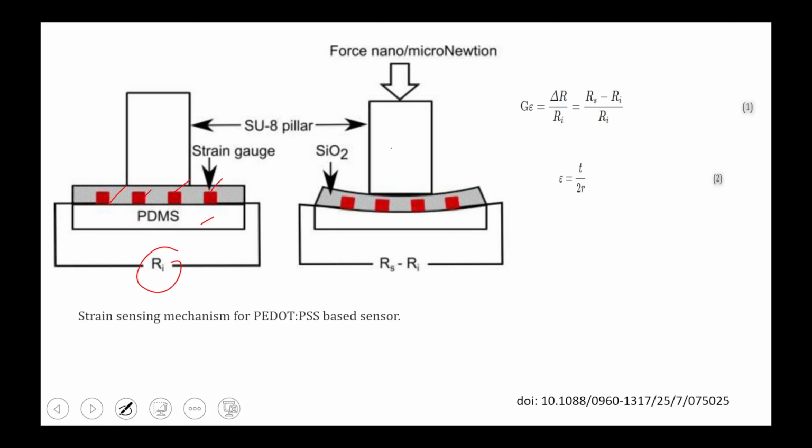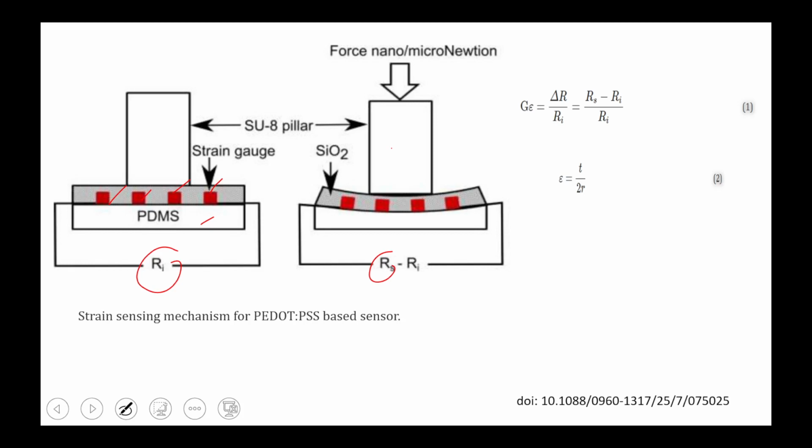You can see that when you do not apply any force on the pillars, and when you apply some force, the change in resistance can be checked with the gauge factor GF, where epsilon is the strain, R is the initial resistance of the sensor, and RS is the sensor resistance on the curved surface.